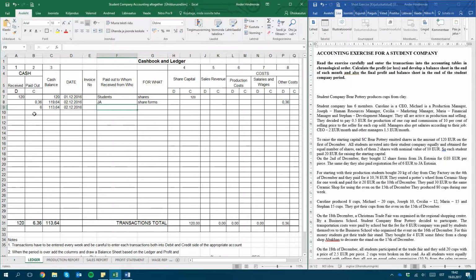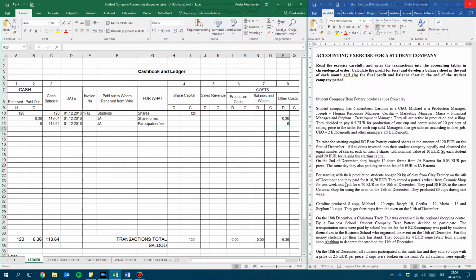We don't have the invoice number. Paid to JA for company registration. And again, credit has to find its debit. It's again other costs, and let's record 6 euros over here.